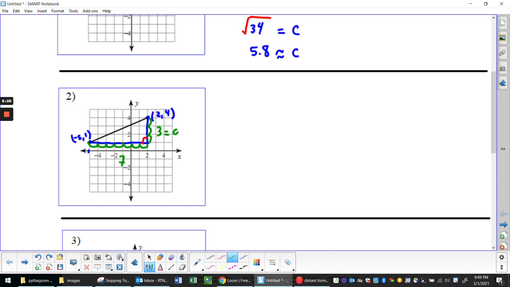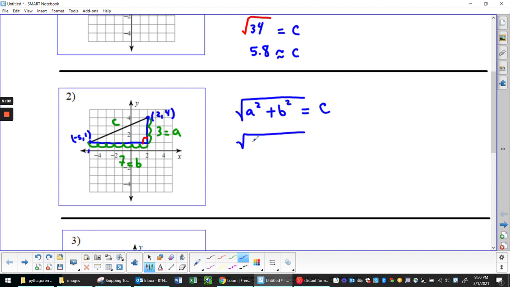So we'll call A is 3 and B is 7. So once again, we're looking for C, the diagonal distance, our hypotenuse. So we created a right triangle out of the diagonal line that we have. So A squared plus B squared is equal to C squared, but I'm going to just take the square root, so this way I can do a little shortcut with the Pythagorean theorem, and I don't have to do the square root at the end.